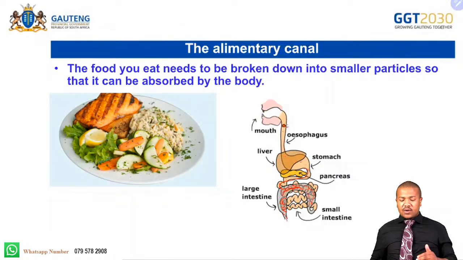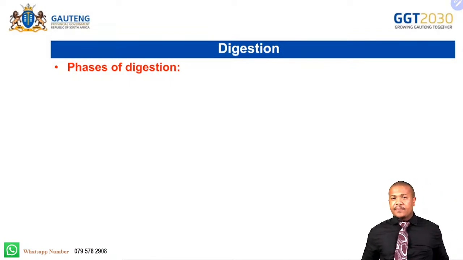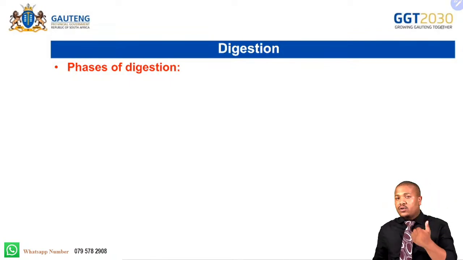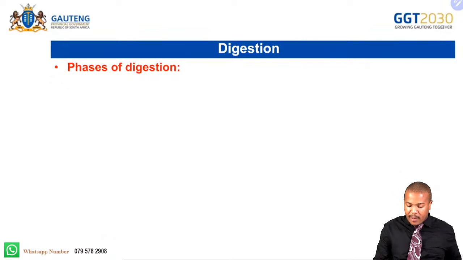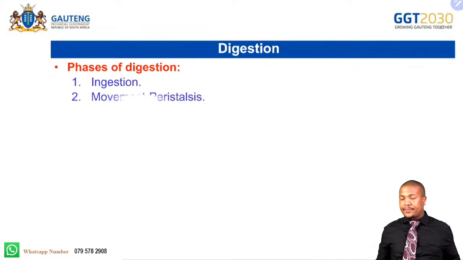All right. So now there are different phases of digestion, right? From when we insert the food in our mouth, we start chewing, we eat, we swallow, and so on, right? So the first phase of digestion is ingestion.